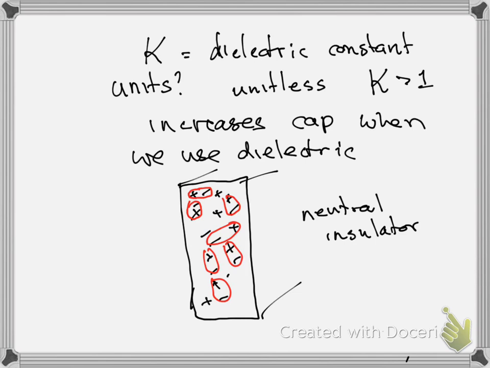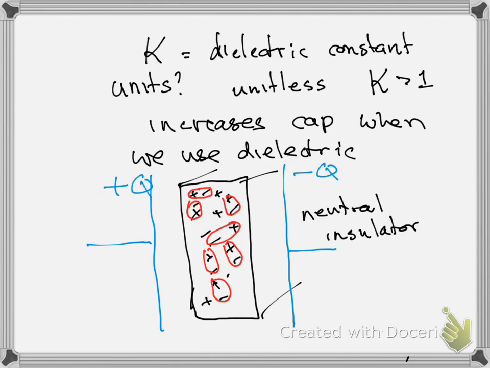But what happens when we put a dielectric between capacitor plates? I'm going to try to draw this as I go. I'm going to put a capacitor plate here and a capacitor plate here, and keep those two-dimensional. If I put plus Q on this plate and minus Q on this plate, I've now put this dielectric in an electric field.